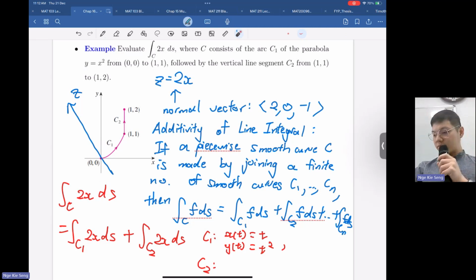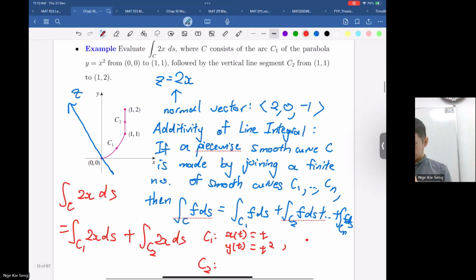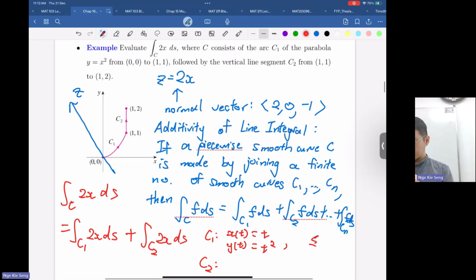I need to go from the position back to time. At (0, 0), my time is 0. And at (1, 1), my time is 1. So the interval is going from 0 to 1.